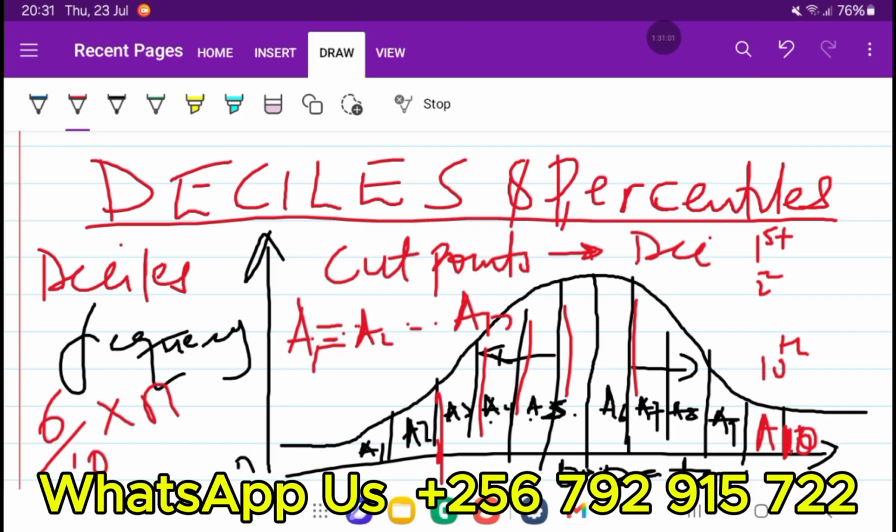Then the percentile. The difference is that under percentile, it is percentage, and the total percentage is always 100. So we divide the data into 100 parts. So it means under percentiles, we shall have data values that are more than 100.